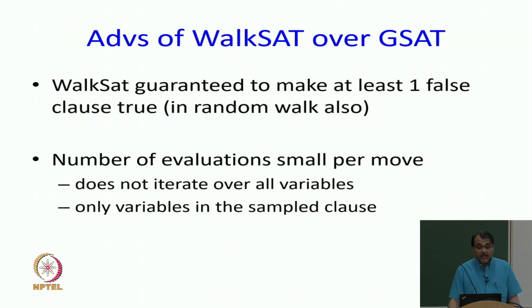WalkSAT is guaranteed to make at least one false clause true even in the random walk step, and the number of evaluations is extremely small per move. So in practice it was found that WalkSAT is a much faster algorithm than GSAT, and therefore WalkSAT became the de facto standard for solving SAT formulas using local search. Now this sort of ends your chapter on logic.